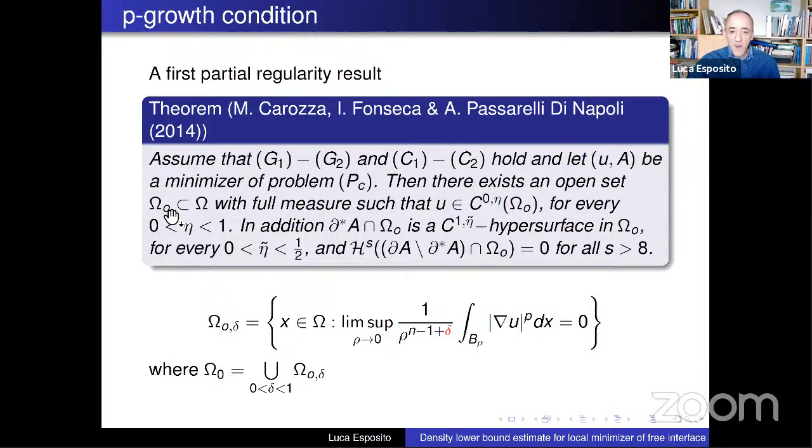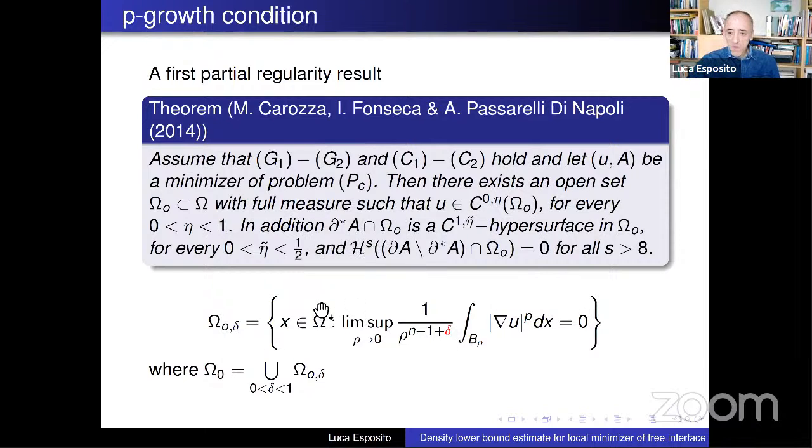But of course, a priori, you can think that all the singularity of the original interface could be in the complement of omega 0. So this gives no information at all for the singularity in the whole omega. But in any case, the partial regularity results tell us that inside omega 0 you have all the regularity.